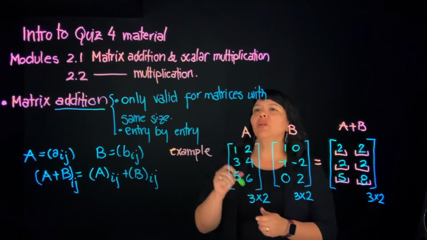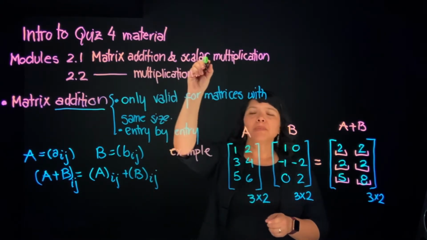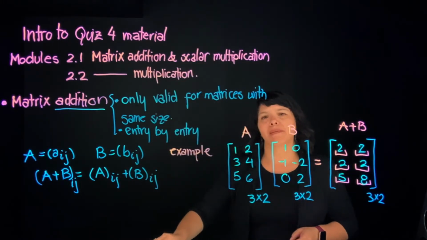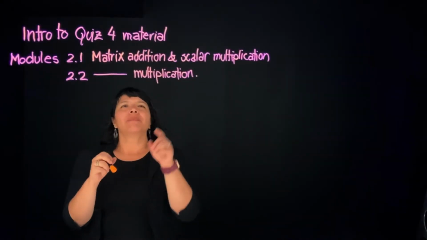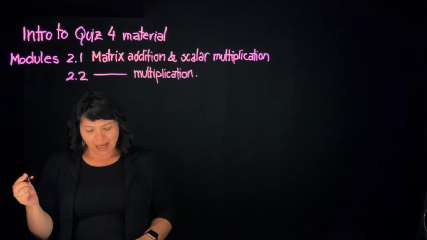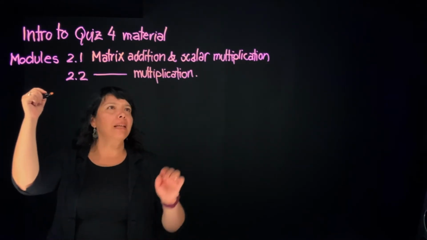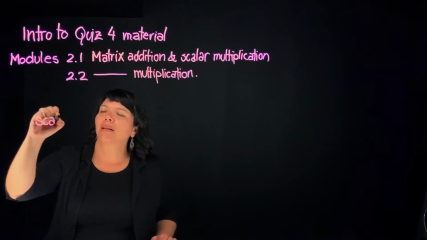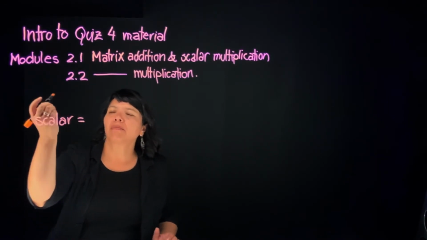Let me explain to you scalar multiplication. That's also very easy, but I'm just going to raise the board to have space. Okay, about matrix scalar multiplication, this is easy too. I want you to remember that by scalar, here we really mean just a real number.